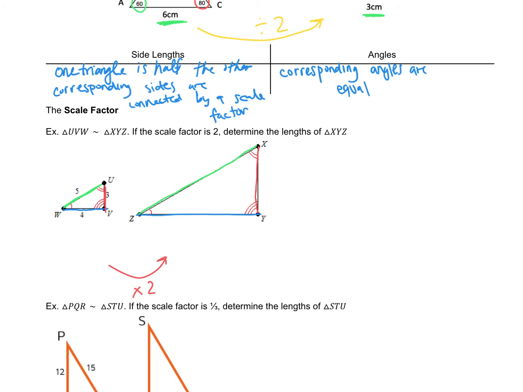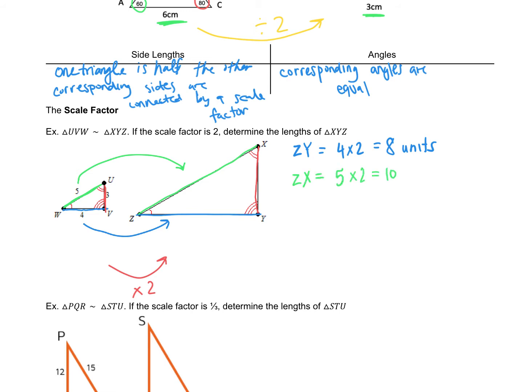So let's start with the blue pairing that I have here. So side ZY is going to equal 4 times 2, which is 8 units. So I just doubled to get here. Let's look at 5 and trying to get side ZX. So ZX has to be double 5.